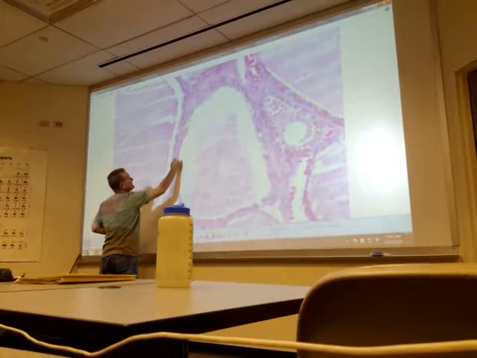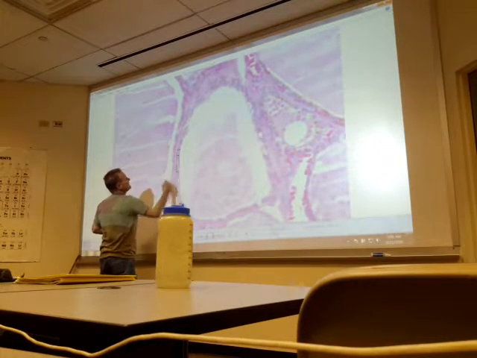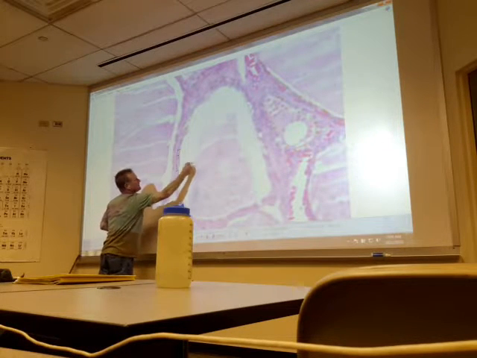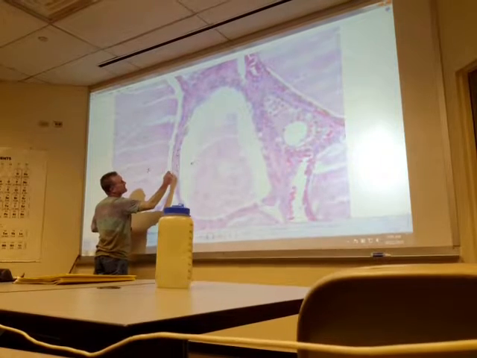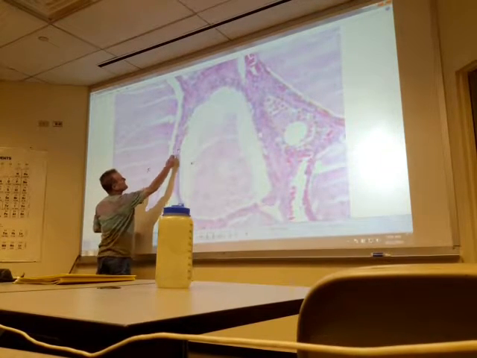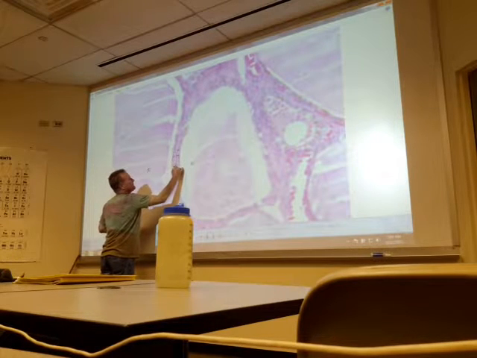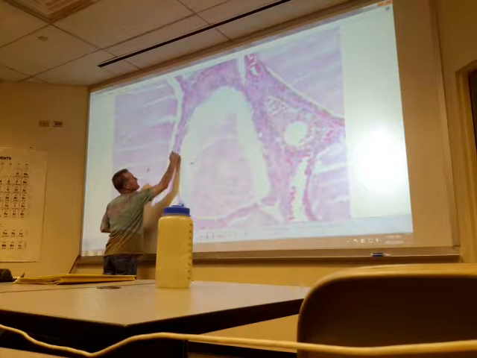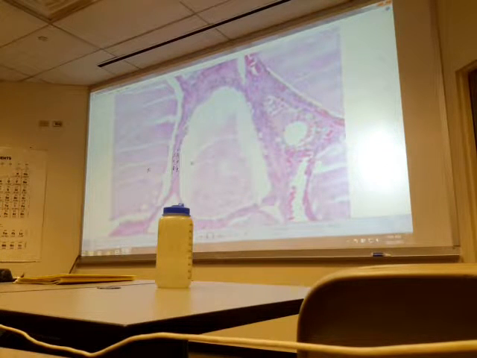So there's a layer of cells over here that are part of this follicle. There's another follicle over here. There's a layer of cells that belong to that follicle, and I can see nuclei within each of the cells. So thyroid gland, thyroid follicles.